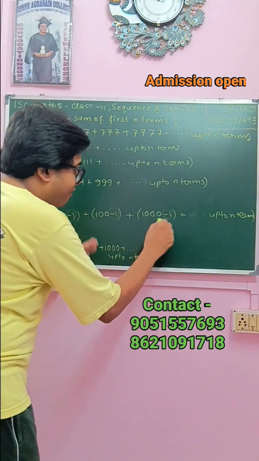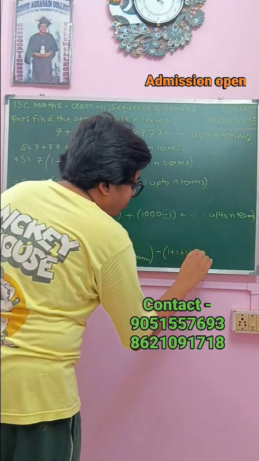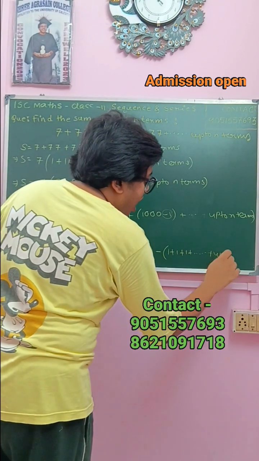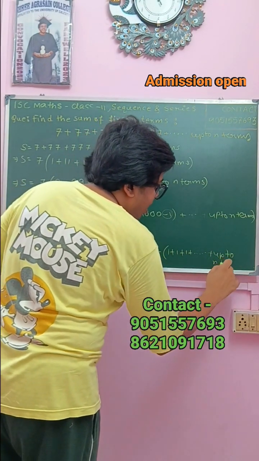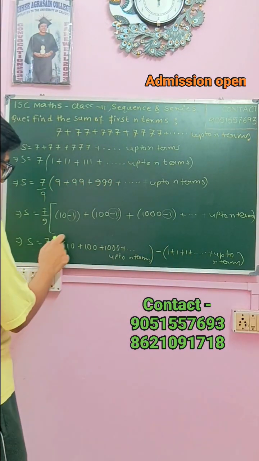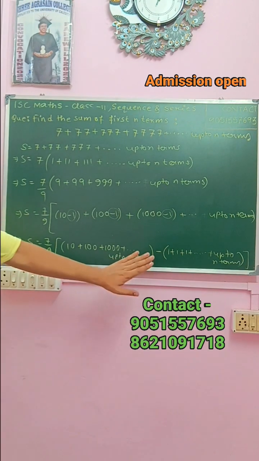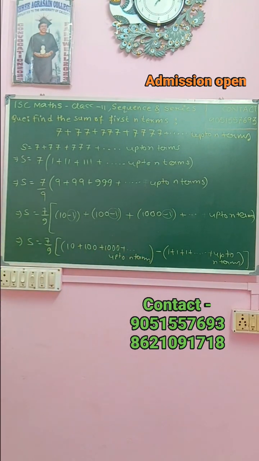I am absorbing the minus 1 and writing 1 plus 1 plus 1 plus 1, that is also up to n terms. Here the third bracket is open, I have to close it over here. So this is the important step.